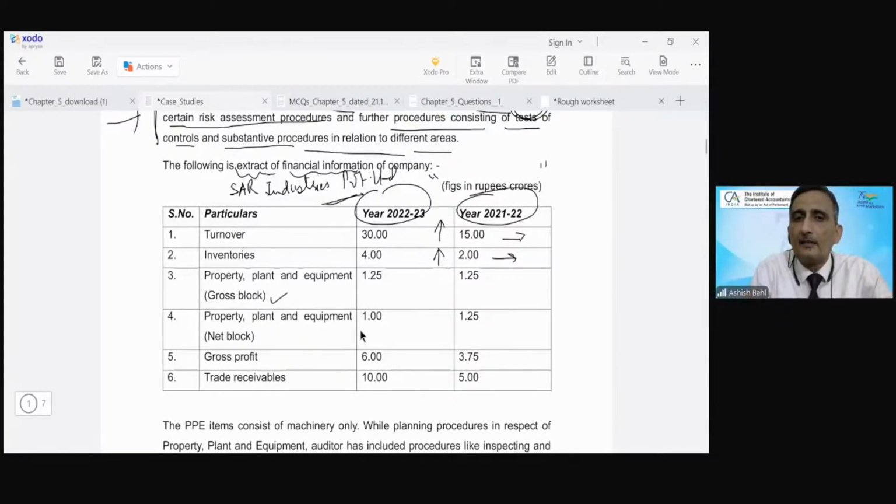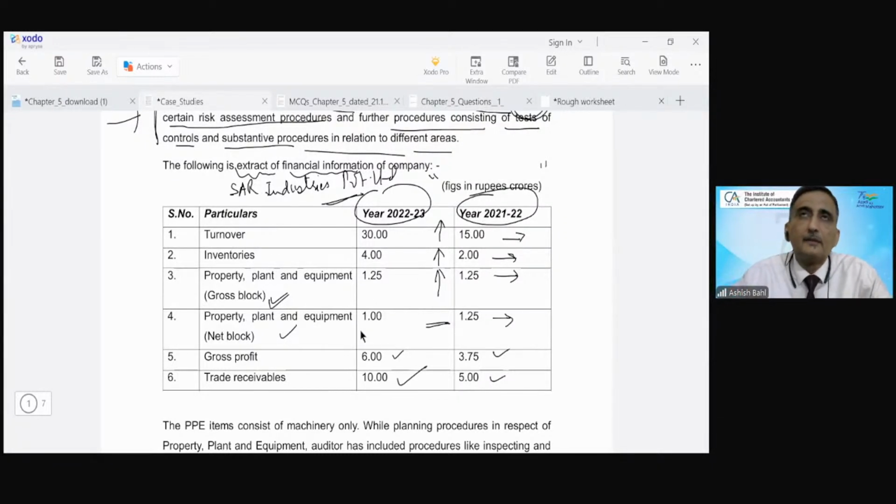PPE gross block is stated 1.25 crore. Net block 1.25. Gross profit 3.75 crores and now it is 6 crores. Trade receivables 5 crores and 10 crores, double.